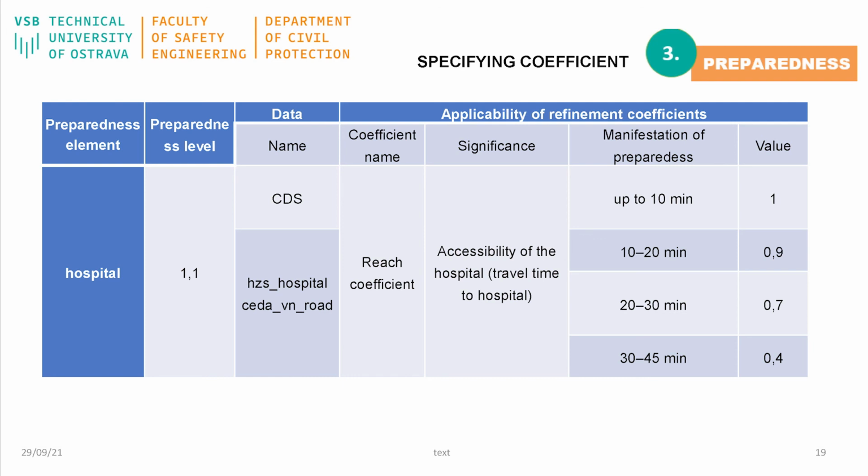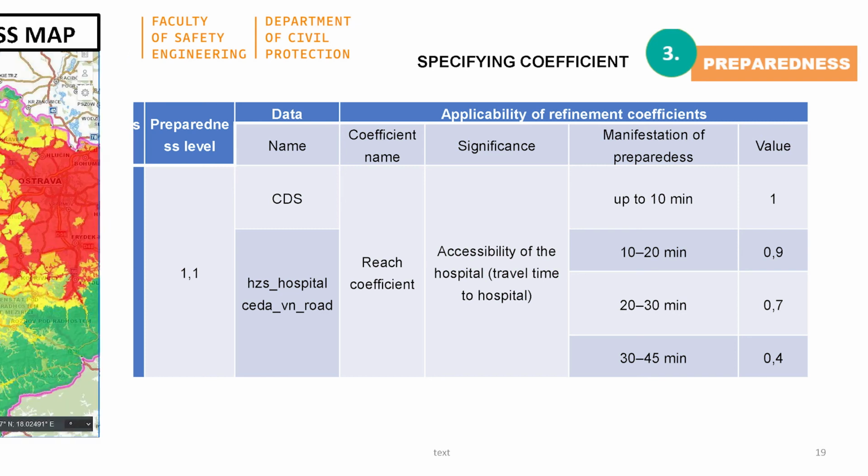We have 10 minutes, and we have the value. We know we have a special analysis for firefighters, because firefighters are not the same. We have the minutes for firefighters. But this point is only research, research in a special project.